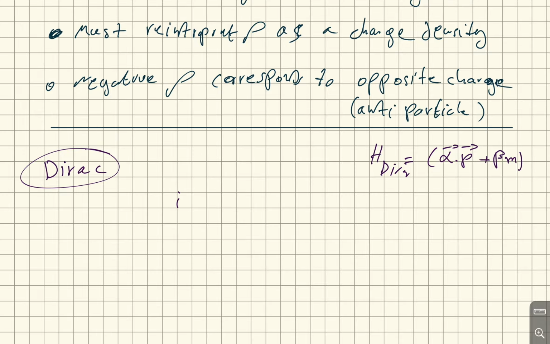So if we substitute it in Dirac, we will have i partial t psi equals H psi, which is equal to alpha dot p plus beta m over psi.